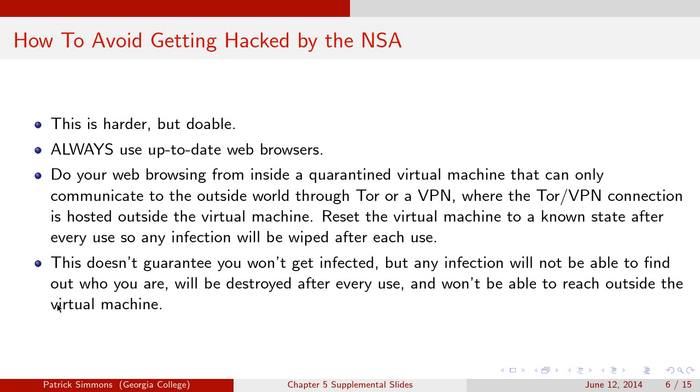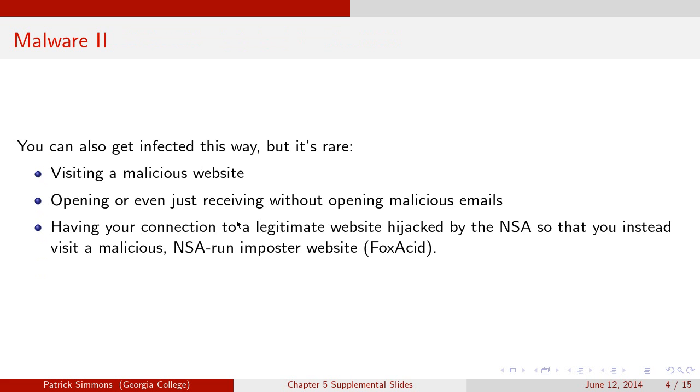They will use unreleased security vulnerabilities, so security vulnerabilities that everybody is vulnerable to because the companies don't know about them yet, and try to infect the person's computer by sending them malicious emails, intercepting their connection to legitimate websites and instead sending them to an imposter website that installs malicious software on their computer.